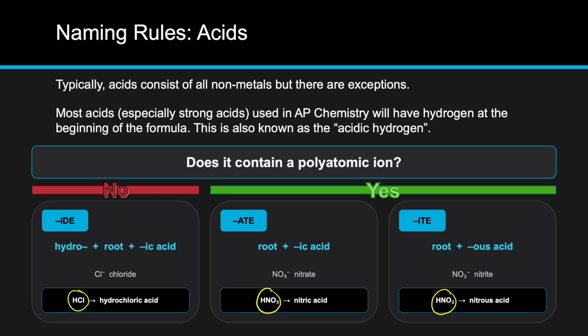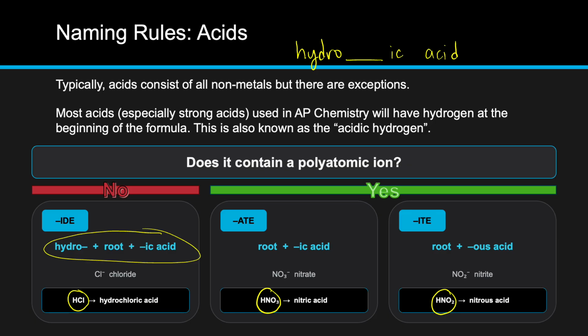So when we are naming acids, I want you to first ask yourself, does it have a polyatomic ion? If the answer is no, then you will always be using this framework here. You will write the word hydro, you will put the root word of the element, you will put the ending of ic, and then you will write the word acid. This is every single time you are getting that element from the periodic table.